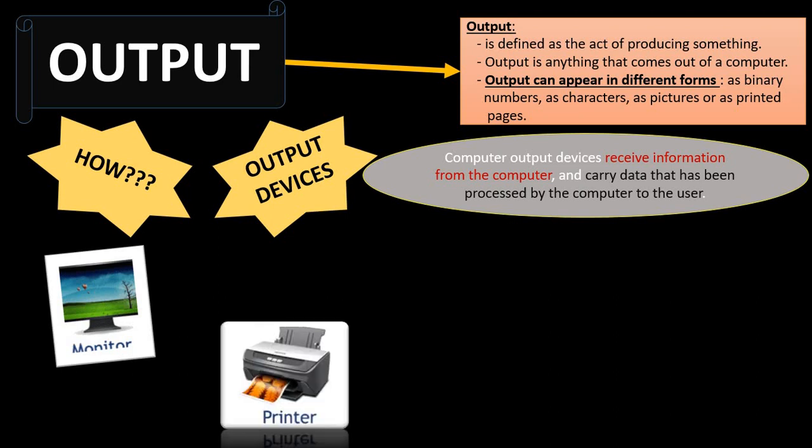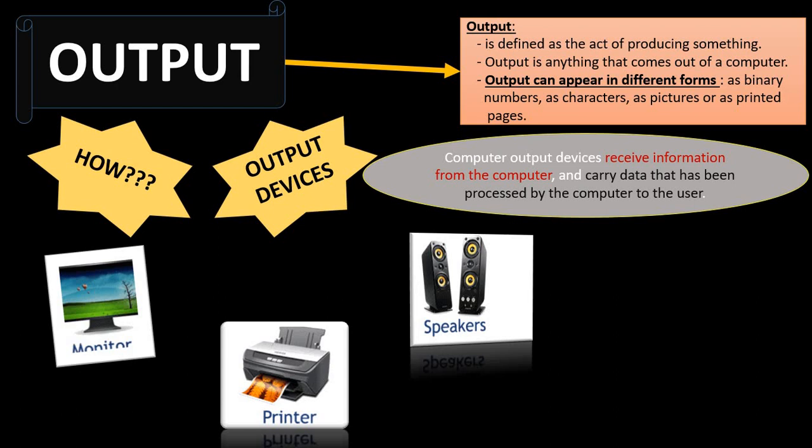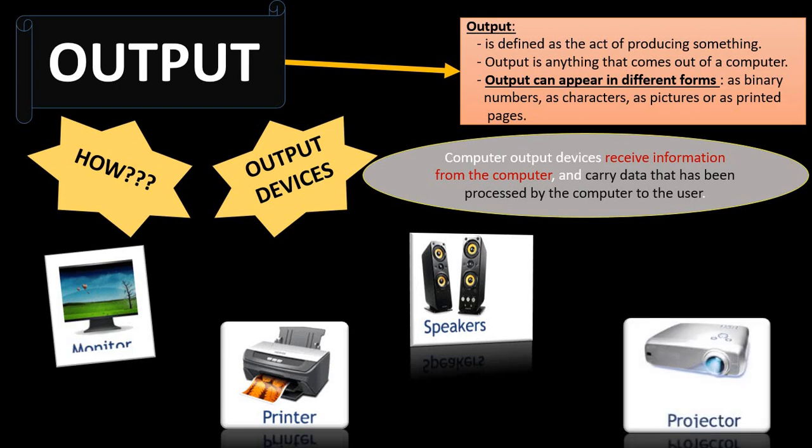Printer. Printer delivers information by means of printed characters on paper, or we can say we can get a hard copy of the document. Speakers. They give the output in the form of audio. Projectors. Projector will project an image onto a large surface such as a white screen or the wall.